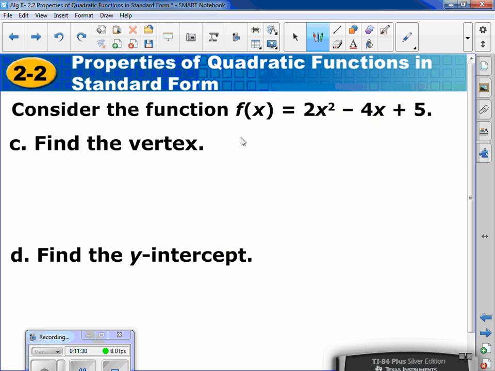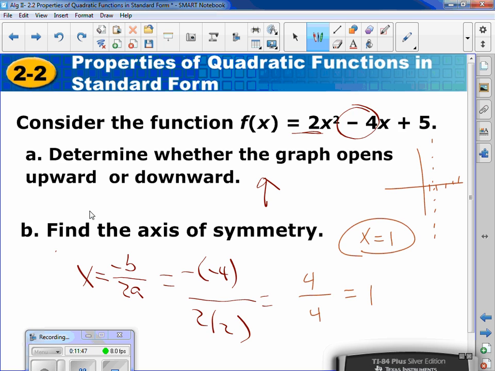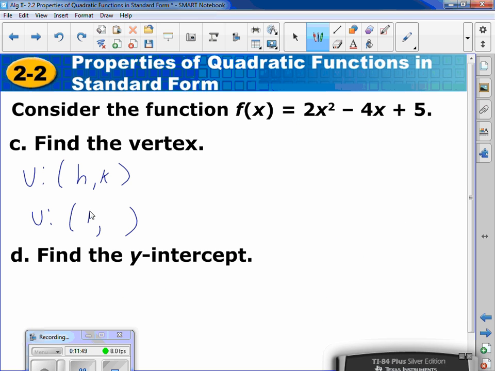Part C, we're going to find the vertex. To find the vertex is always h comma k. We already know that h is 1 because of this. Now what we're going to do, this is x.